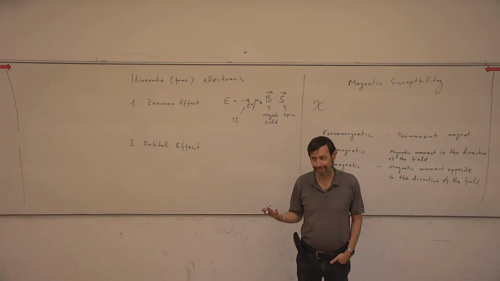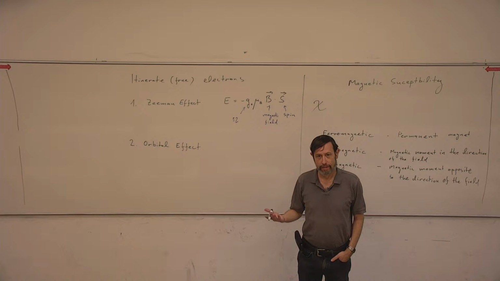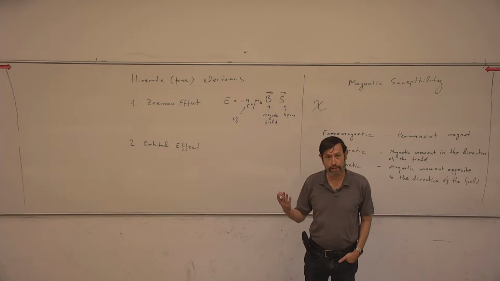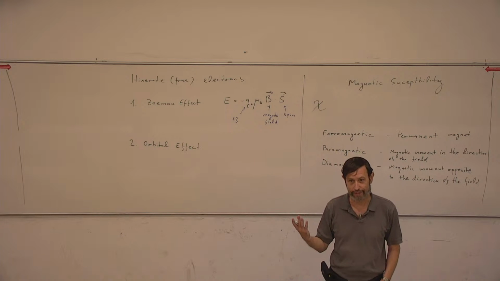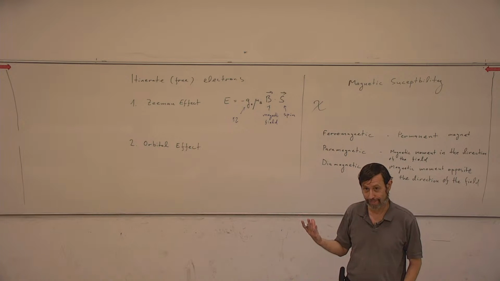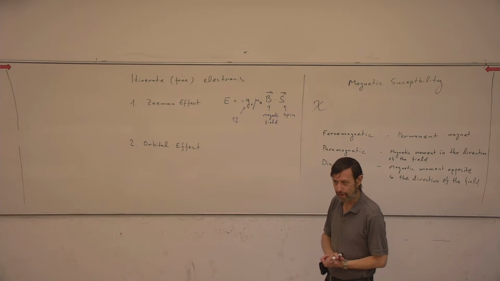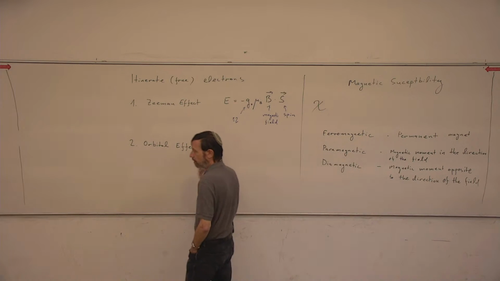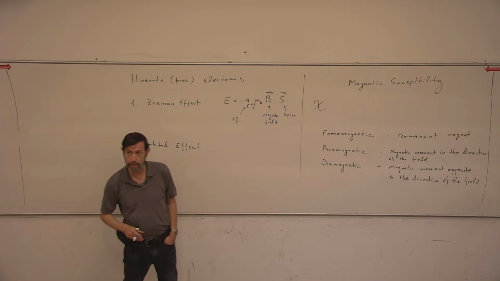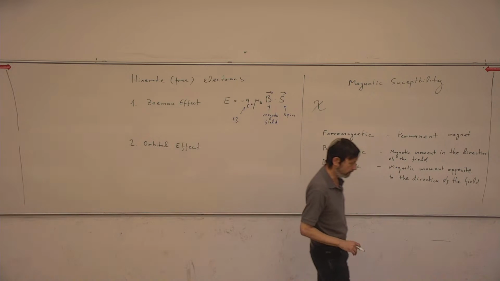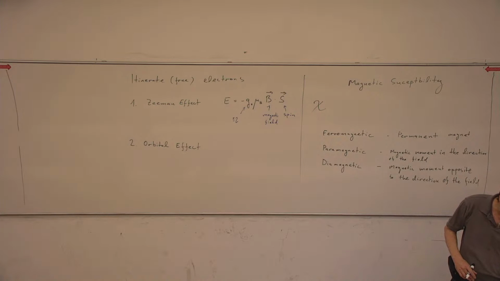It moves. Again, true. Moving charge responds to a magnetic field. So we have a second origin of a magnetic response, which is the orbital effect. And we'll see exactly how this influences the results.